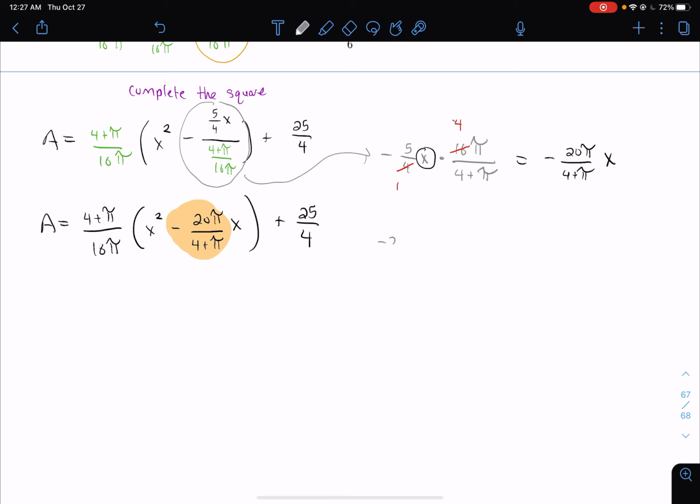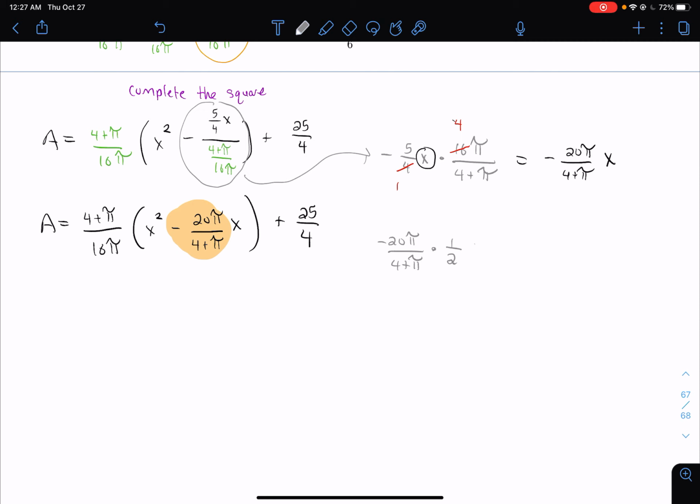We're going to get negative 20 pi over 4 plus pi. So if I'm going to divide this by 2, I'm going to erase that in just a sec. But if I divide it by 2, that's the same thing as multiplying by the reciprocal of 2, which is a half. So dividing by 2 is the same thing as multiplying by 1/2.